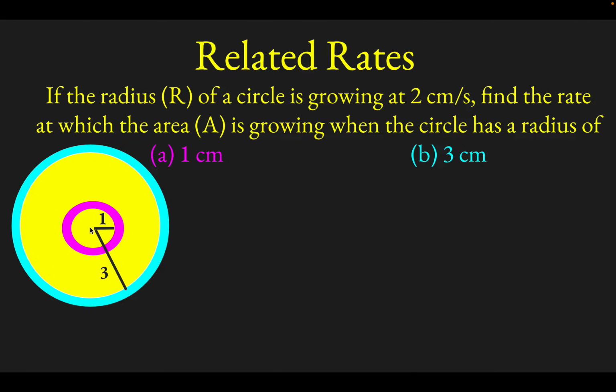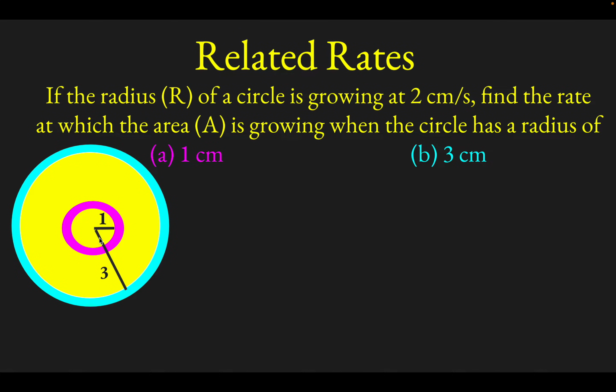So imagine the circle that starts real small and then starts to grow in radius at a constant rate. When the circle is 1 centimeter in radius, and we let a little wiggle in time go by and we add some radius to it, you would add this sort of magenta-colored ring of additional material.